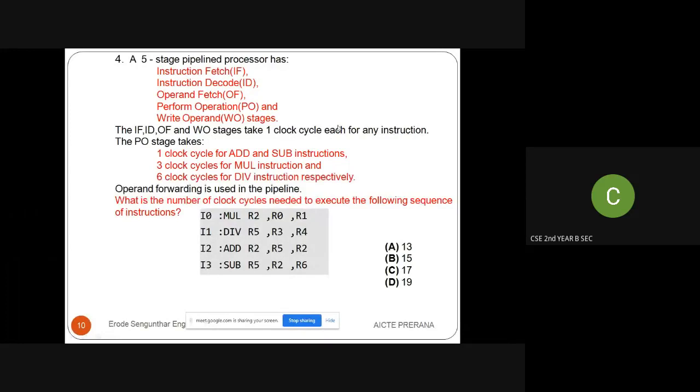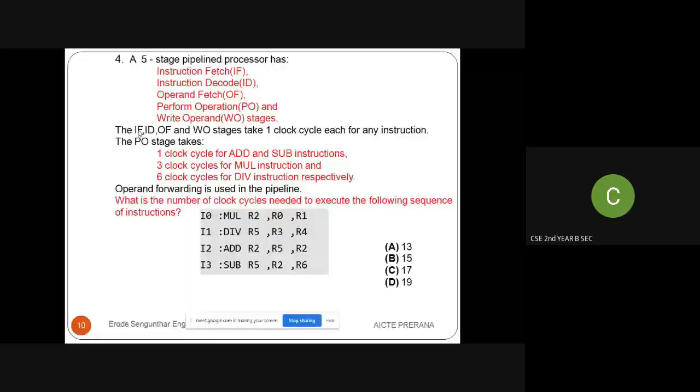Any instruction can be given, but for processing, these 4 stages are needed, each needing 1 clock cycle. So we are left with the perform operation stage. They have given only 4 stages for 1 clock cycle, each handling 1 clock cycle.